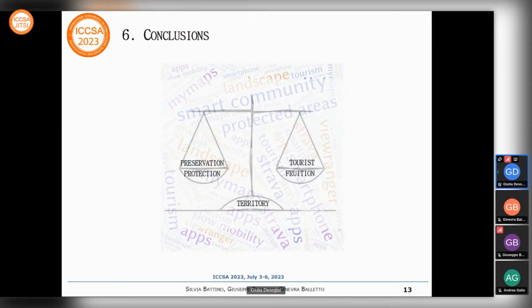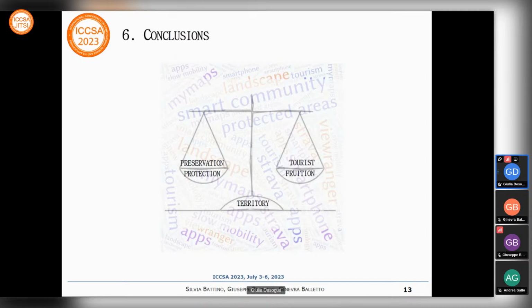Therefore, it would be opportune to redefine the trip in a sustainable way, respecting the place and playing an active part in initiatives and projects useful for creating and appreciating the territory's identity.